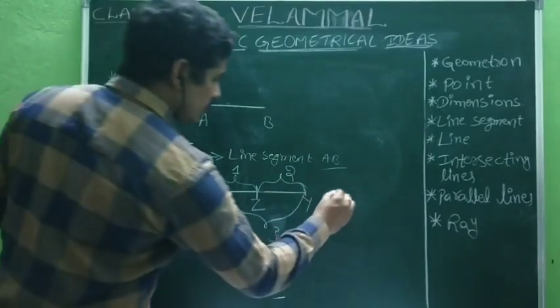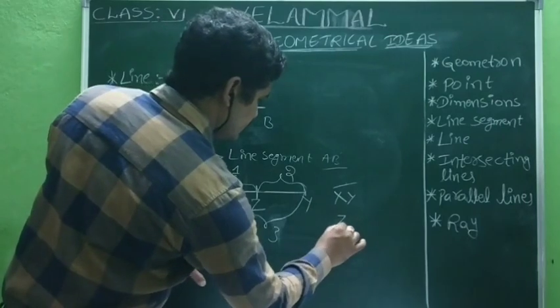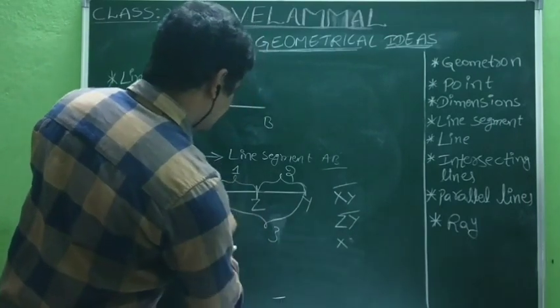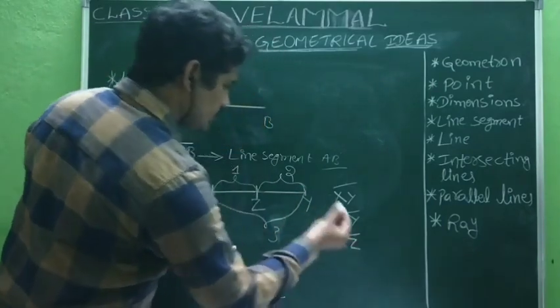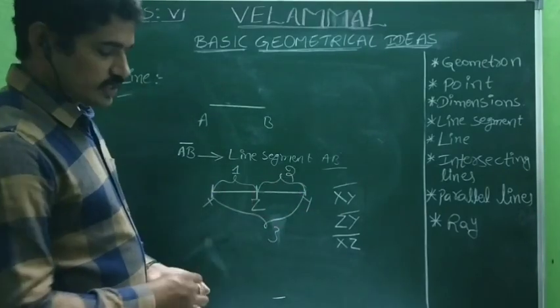Now we can write the XY line segment and the ZY line segment. XY completed, ZY completed. Now the XZ line segment also we can take. So these are all the namings of line segments.